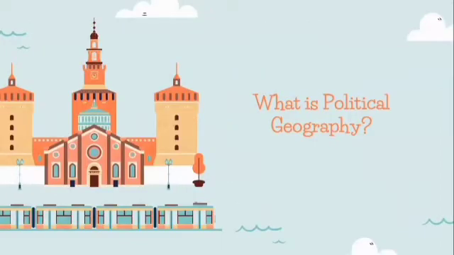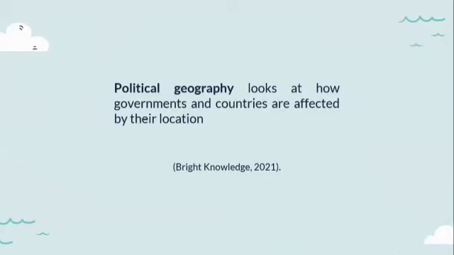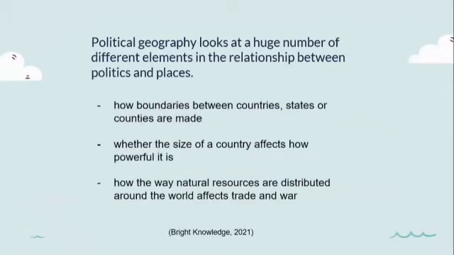Now let's move on to political geography. Political geography looks at how governments and countries are affected by their location. There are different elements in political geography that help to determine the relationship between politics and places. So first, we have how boundaries between countries, states, and or counties are made. Second is whether the size of a country affects how powerful it is.